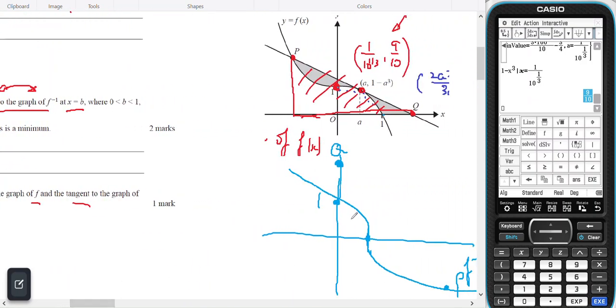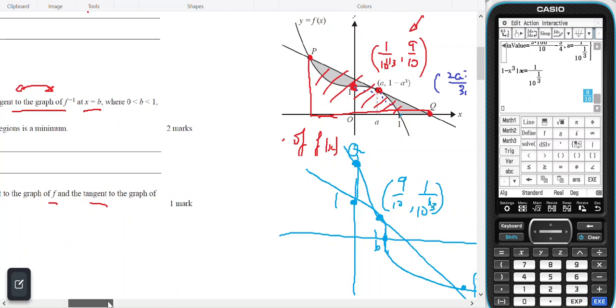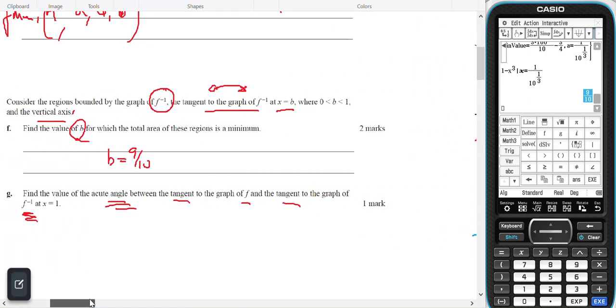So the tangent at x equals b is going to go through point Q and point F and be tangential. So that's at b. And b is going to be the inverse, so it's going to be 9/10. That's going to be 1 on 10 to the 1/3. Okay, so that's what that is.